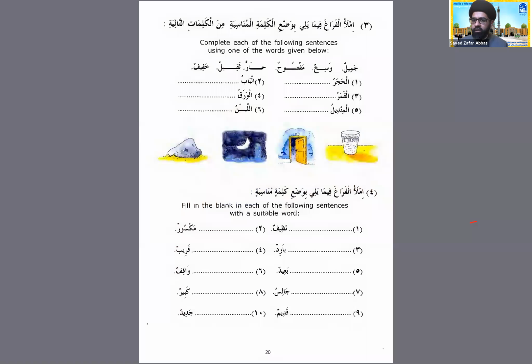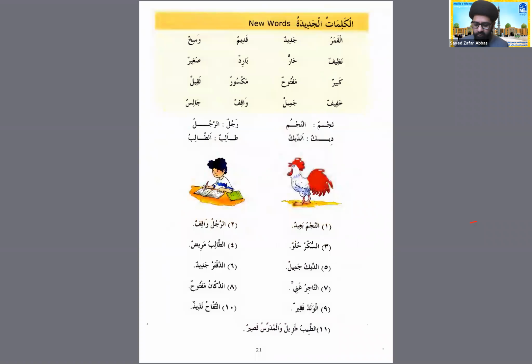Then we have qadim. We say al-daftaru qadim. The notebook is old. And then we have jadid. Again, we can use various different words to mention something that's jadid, and say al-kitabu jadid. The book is new. So if we go to the next page, please, quickly.